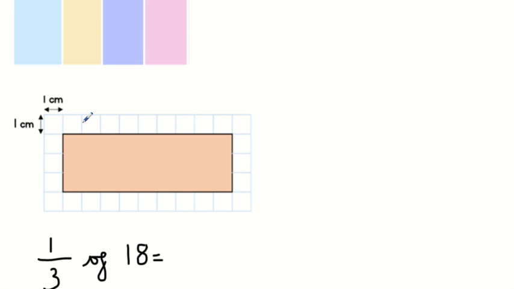And therefore, I can count the squares to find out the length of this side. 1, 2, 3, 4, 5, 6, 7, 8, 9. 9 centimetres. What will be the length of this side? That's right, 3 centimetres.